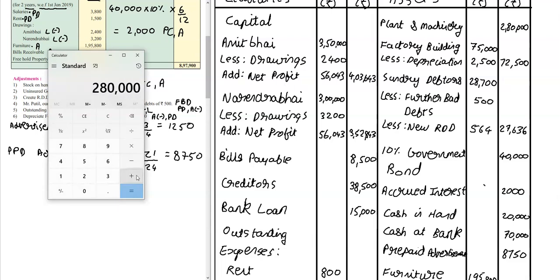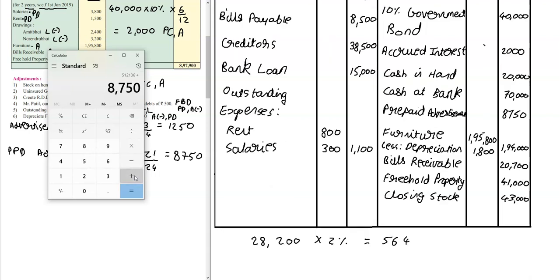So 2,80,000 plus 72,500 plus 27,636 plus 40,000 plus 2,000 plus 20,000 plus 70,000 plus 8,750 plus 1,94,000 plus 20,700 plus 41,000 plus 43,000. 8,19,586.